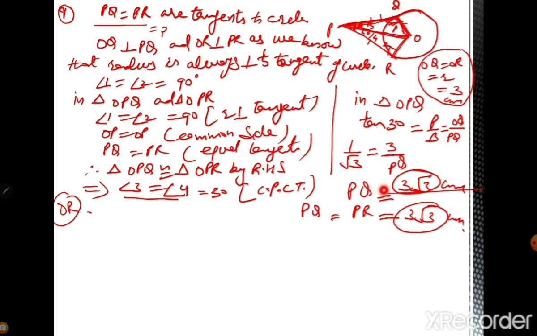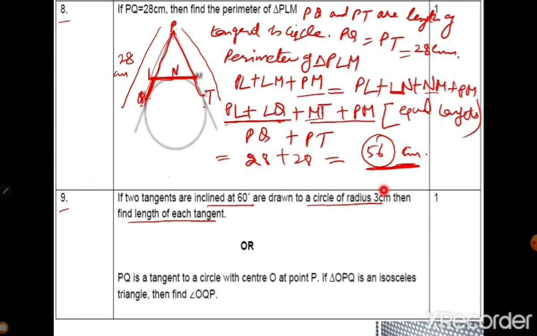Now, what is the question? If PQ is tangent to a circle with center O at a point P, I'll make a diagram here. Now I have one circle and here is one point that is the center of a circle.